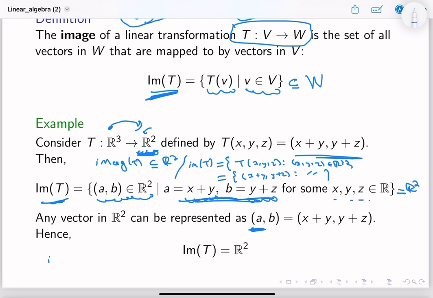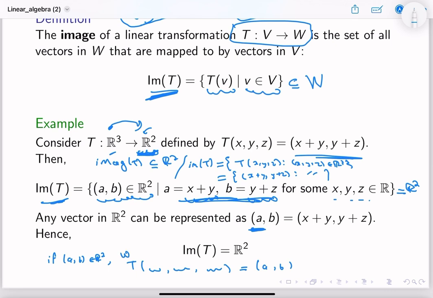If (a, b) is in R2, if you start with a vector in R2, what vector (x, y, z) can you choose in R3 such that T of that vector is equal to (a, b)? Here's what you can do. You want T of something such that when you take T of it, you have (a, b).